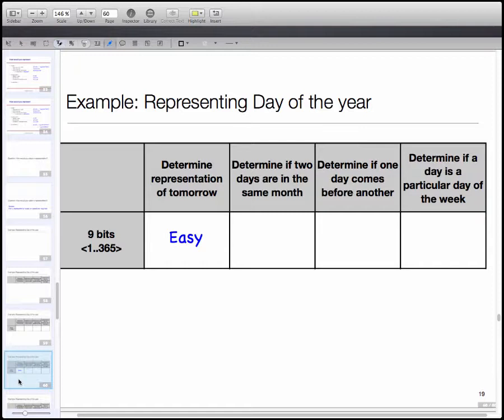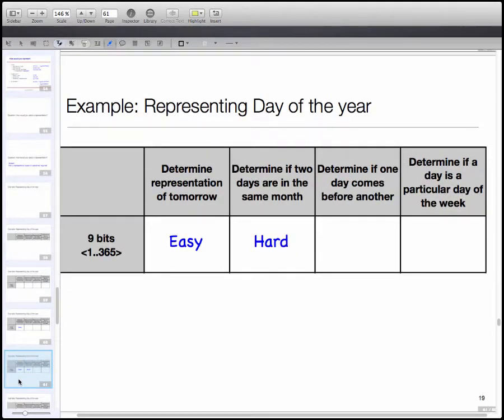I give you 2 numbers, say 53 and 59. Are they in the same month? Well, it's not that easy because it may straddle 2 months. If they are more than 31 apart, you know for sure they are in different months. Otherwise, you'll have to worry about which month. So it's not an easy operation, as you can imagine, when I'm representing things this way.